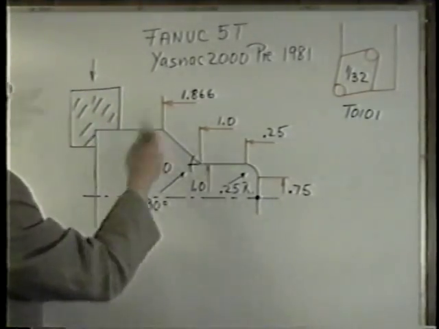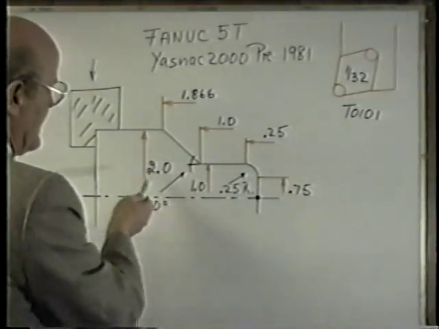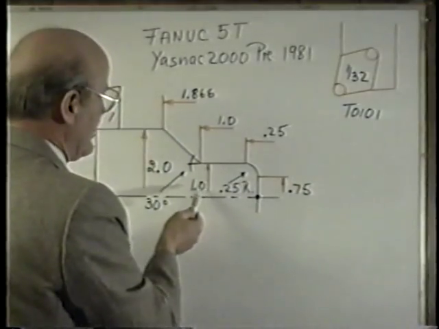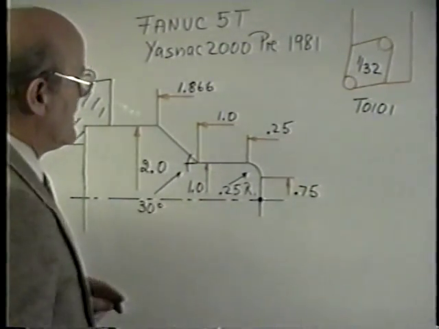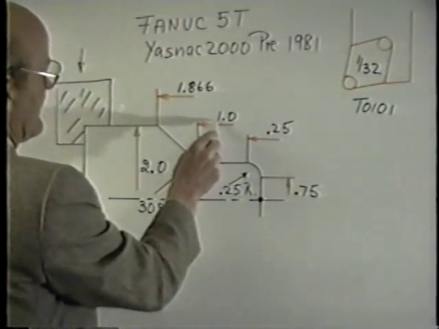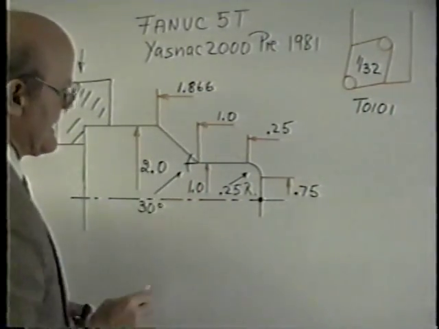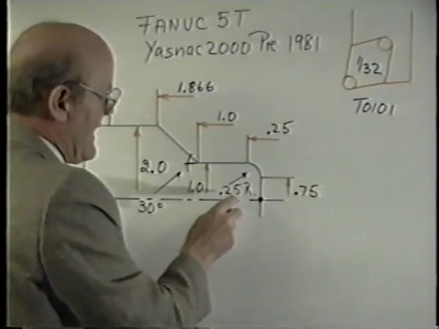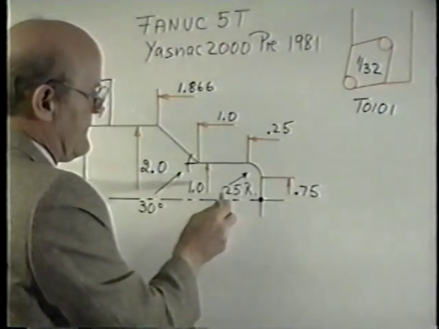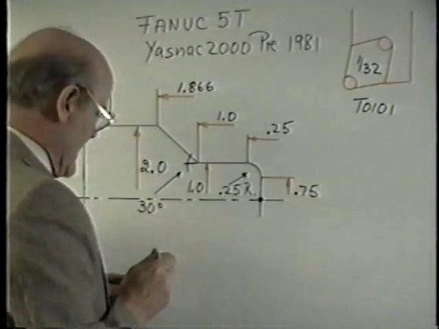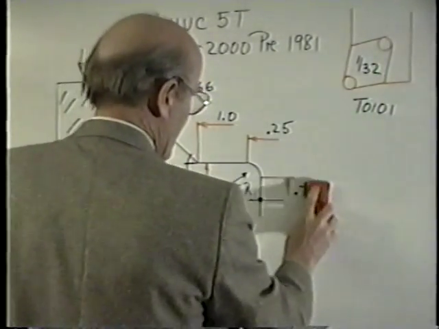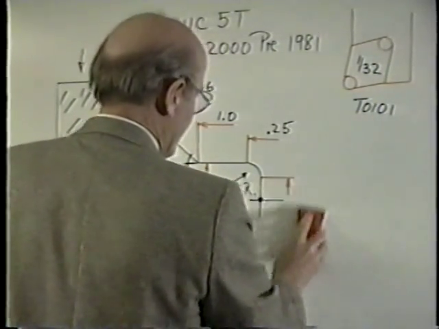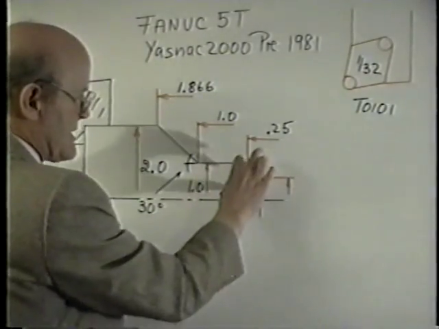First of all, the part is all laid out. This is a 2-inch part, 1 inch right here. There's a 30-degree angle that runs across here. The dimensions are properly figured out. This is 1 inch, this is 1.866. And if we want to have a 1/4 inch radius right here, then that would start at a diameter dimension of the radius taken off the 1-inch dimension times 2 because this is per side.